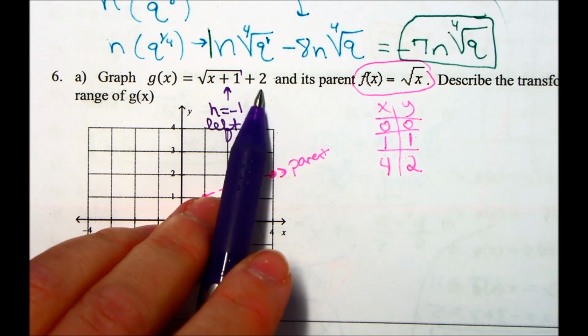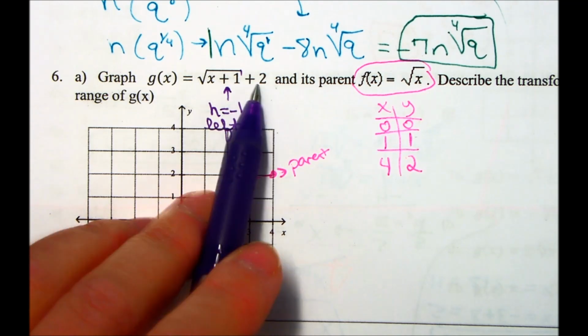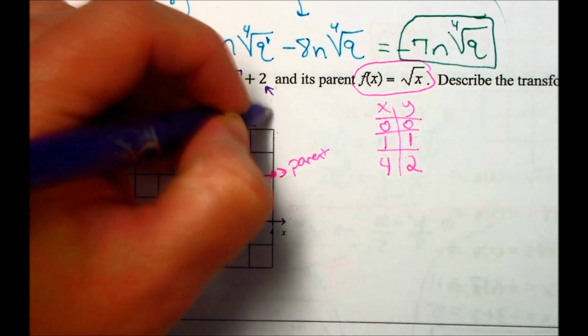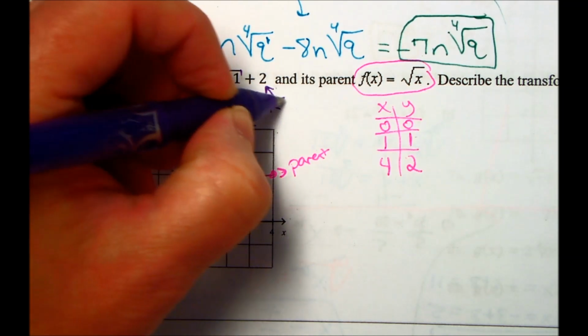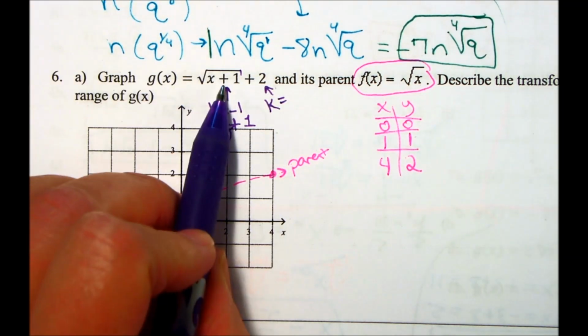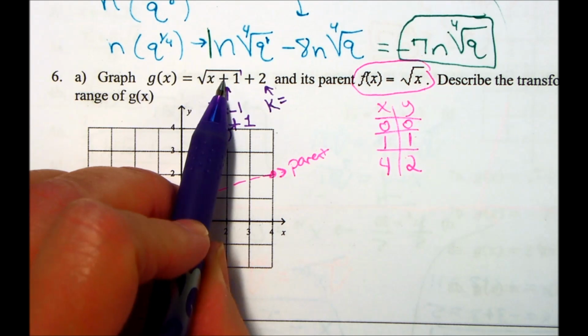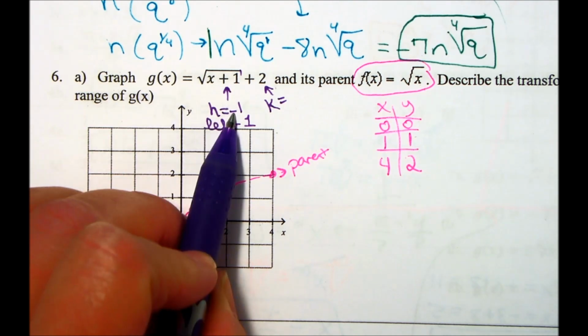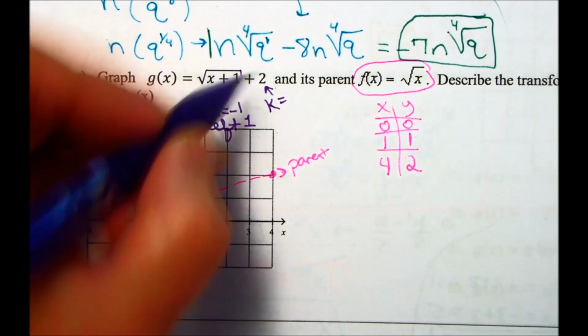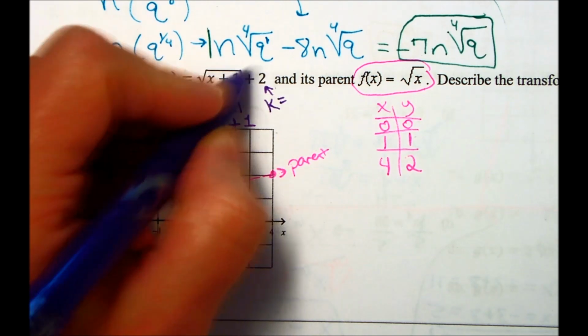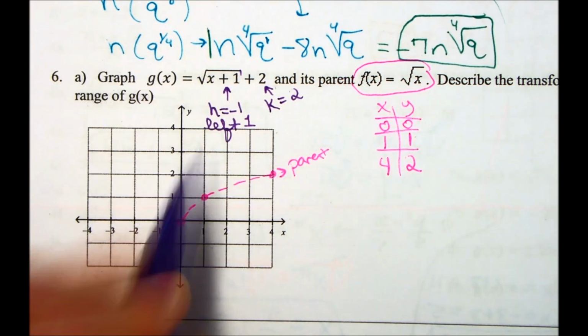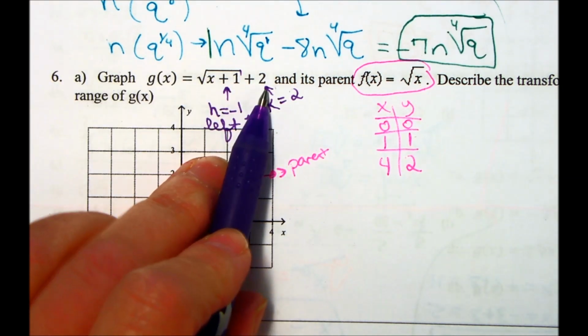However, anything on the outside that's being added or subtracted at the end, we usually identify as your k value. And notice that when this is +1, the h value is actually the opposite sign. Hopefully you remembered that. But your k, anything on the outside, stays the same. So think inside opposite, outside same.